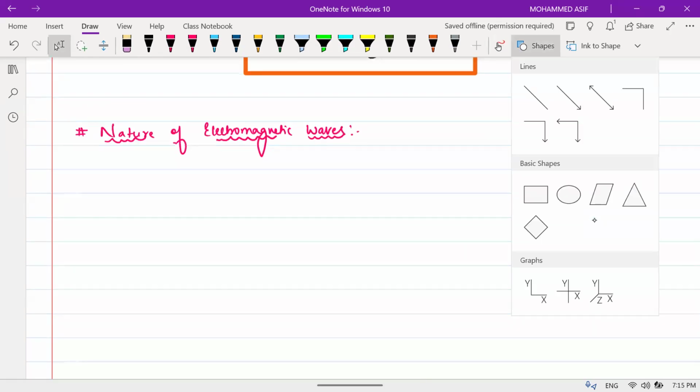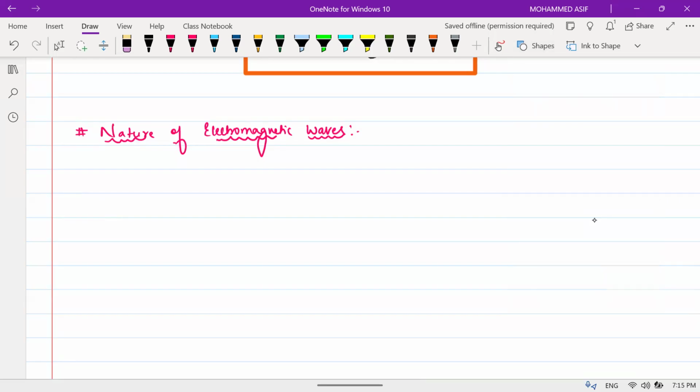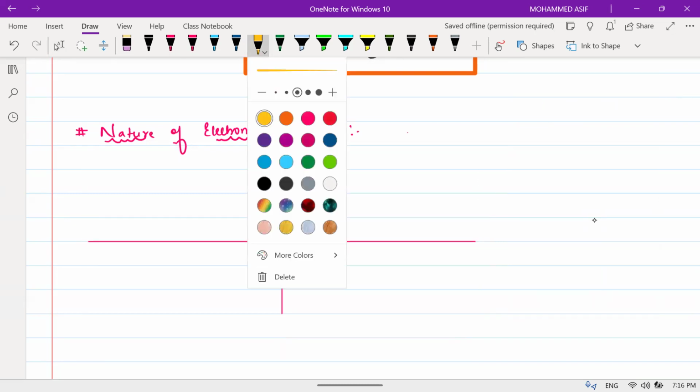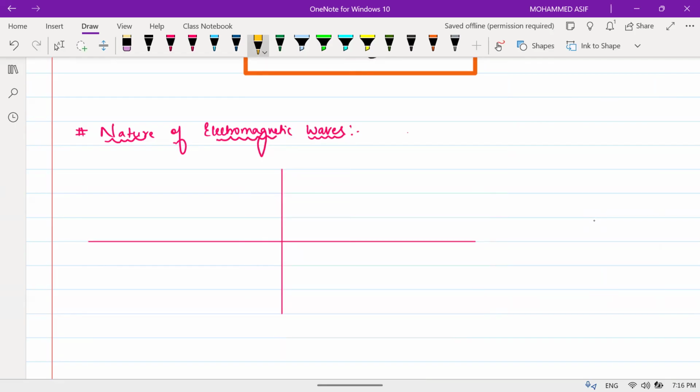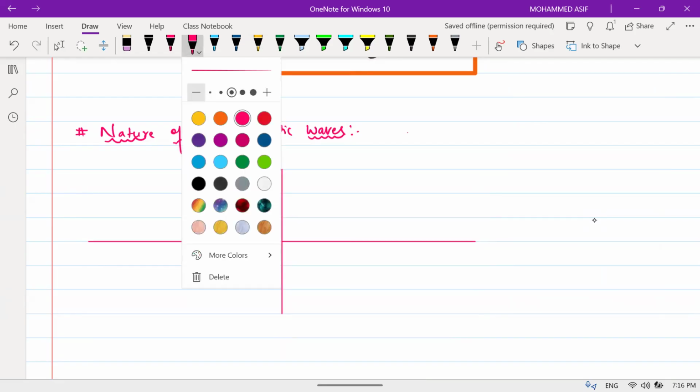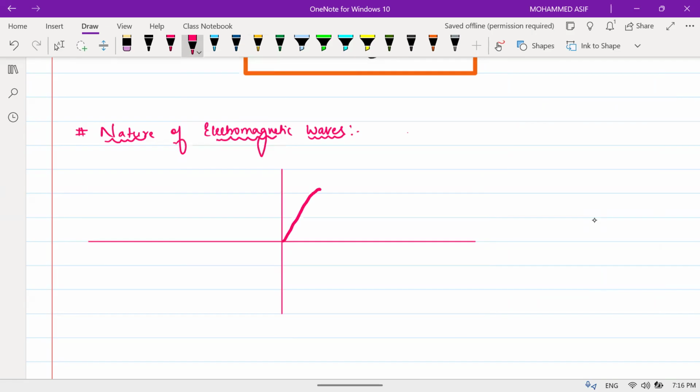The nature of an electromagnetic wave is both electric as well as magnetic. So if I talk about this wave, one wave is like this. That means it is moving parallel to the y-axis.